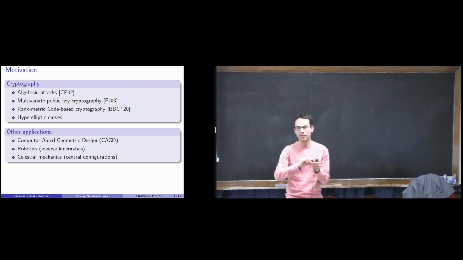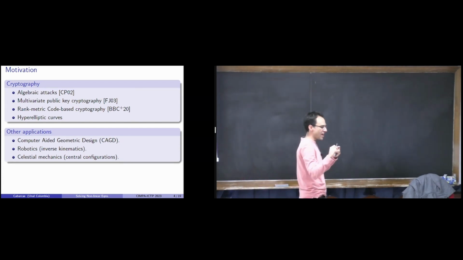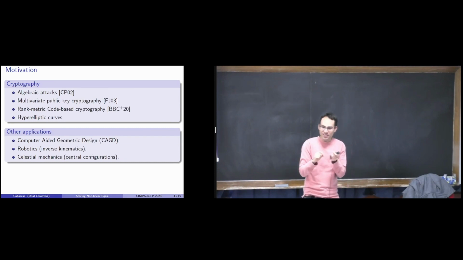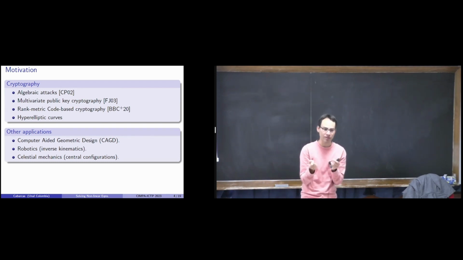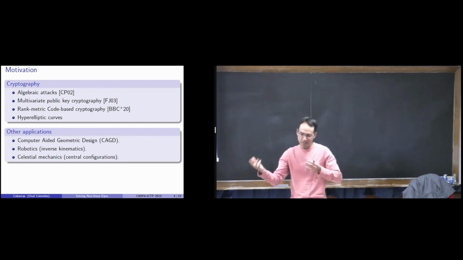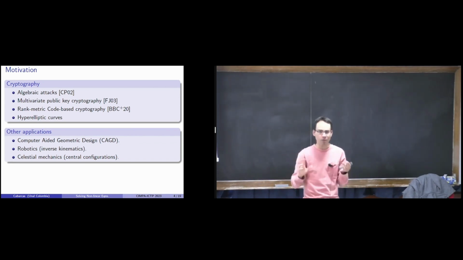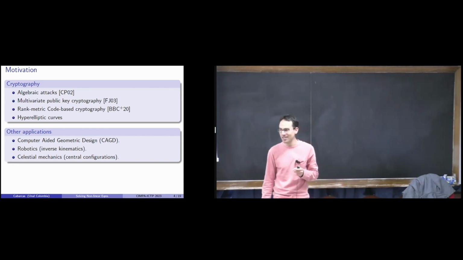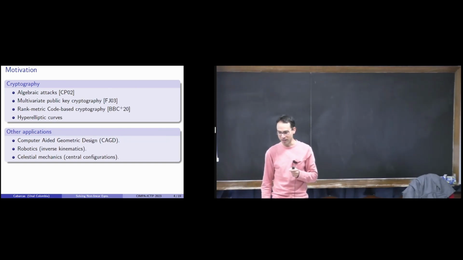You want to have a parametric description so that you can draw it, but you also want to have an implicit description to know what points lie on the curve, to know, given a point, if the point is on the curve or not. And this theory of Groebner bases allows you to go back and forth. Not perfectly, but it can help in getting the implicit or the parametric form of the curve or the surface.